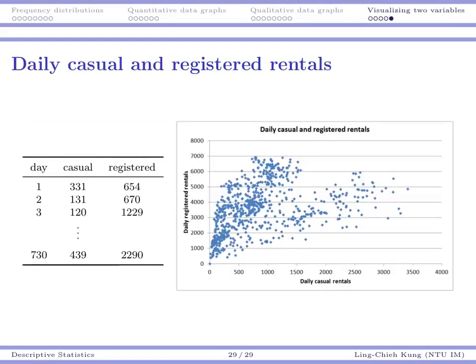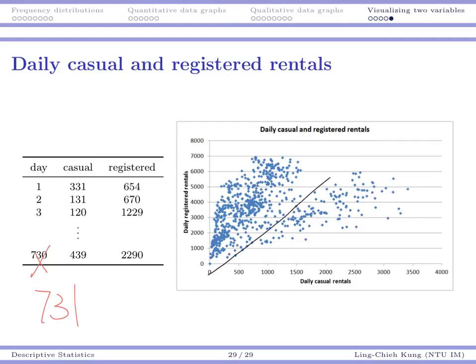Similarly, you may want to depict all the daily rentals in your scatter plot. This should be 731 points. Once you do that, you will see the graph is a little bit messy at the beginning, because there are many points there. And you also seem to see two different subgroups.